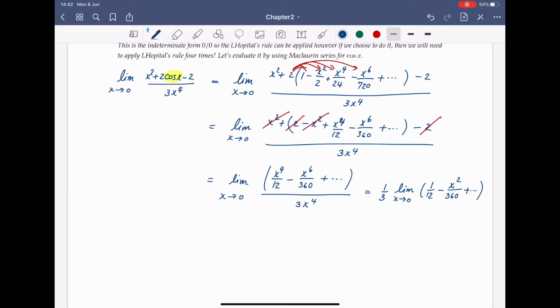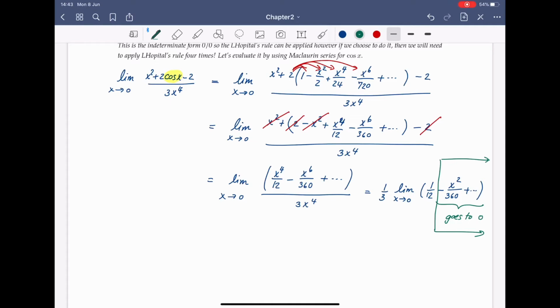And you can see that the term here that I put in parentheses in green is going to go to 0, because it contains x in there and we take the limit when x goes to 0. So the second term and so on will be 0 eventually when x is close to 0.